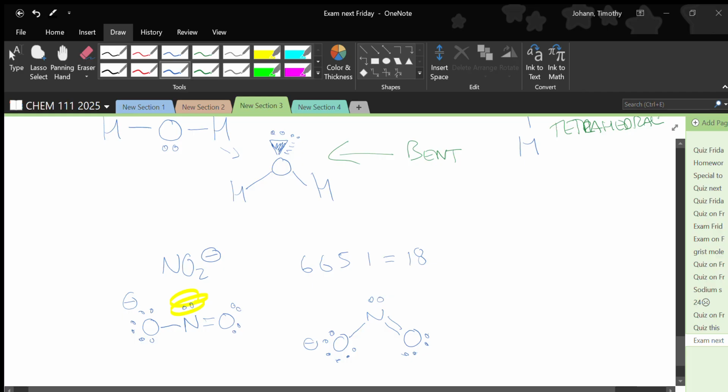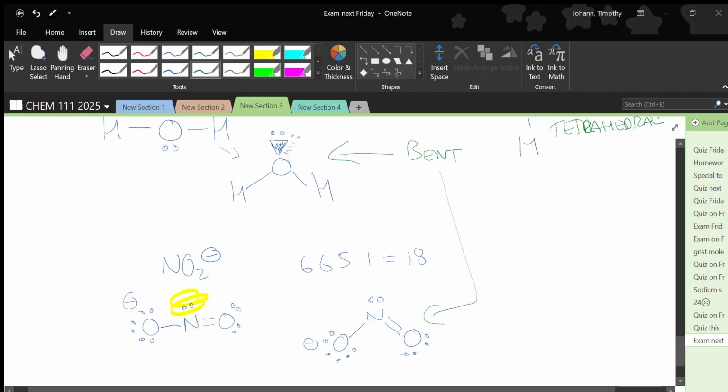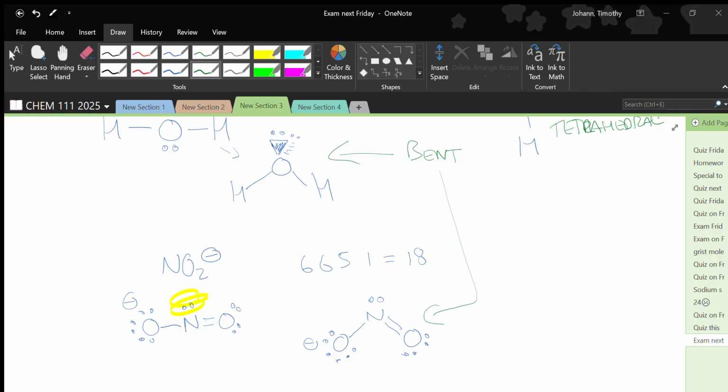Do you see that's another version of bent? But it's a version of bent where we have two pairs of electrons up here as opposed to one pair of electrons. And so the angles on the shapes are going to be different. We'll maybe go back and rename the angles, but I want to make sure I get through all of our shapes here.